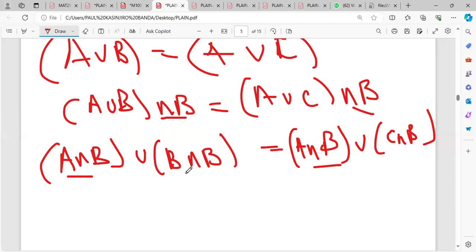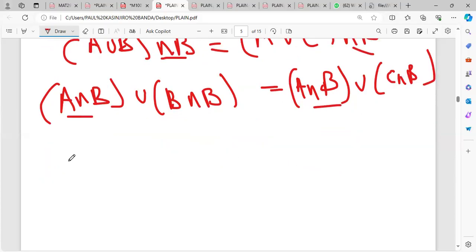And here we know that B intersection B is simply B, right? So if I rewrite this again, it will be A intersection B, and then union B there.